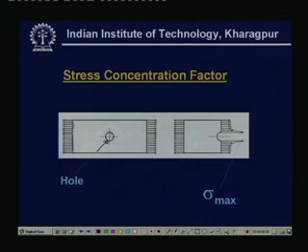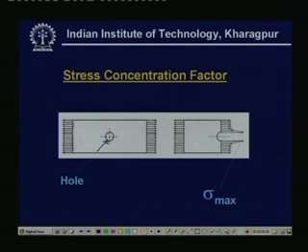But whenever you come across a hole like this, as shown in this figure, you get a stress distribution like this. You can see near the hole the stress has gone up to a great extent, and this is what we call sigma max.